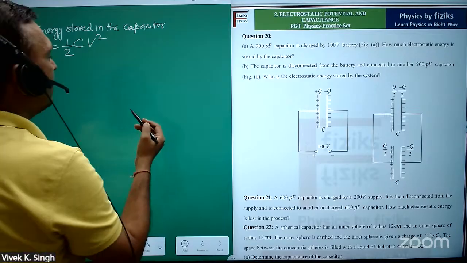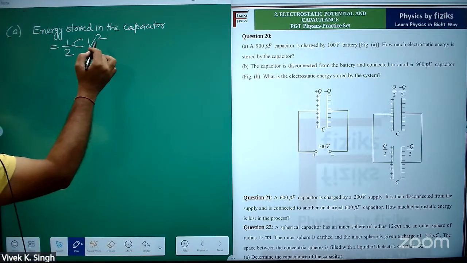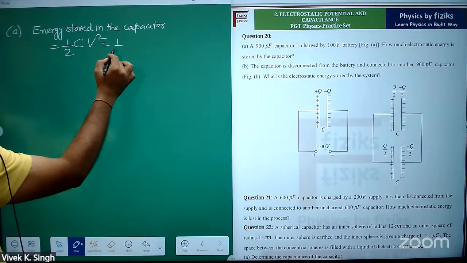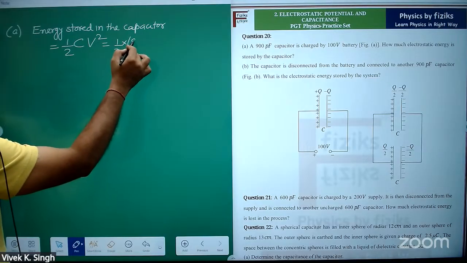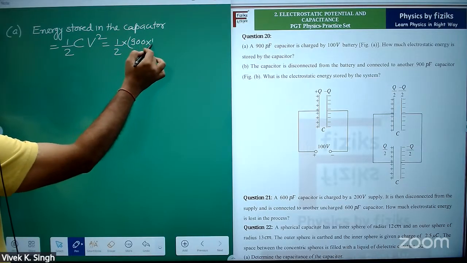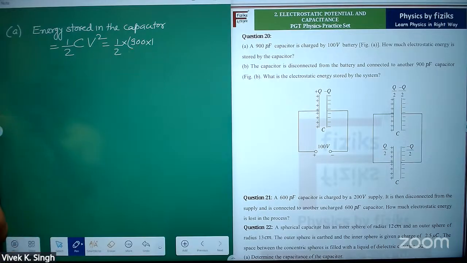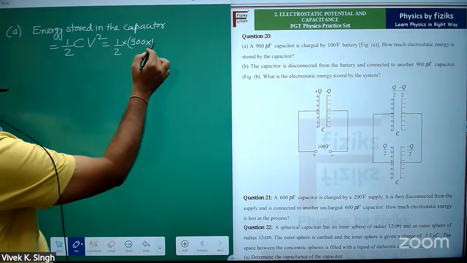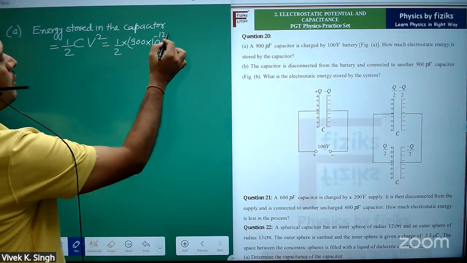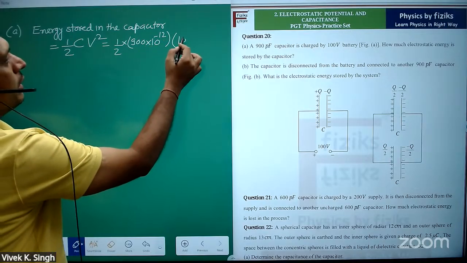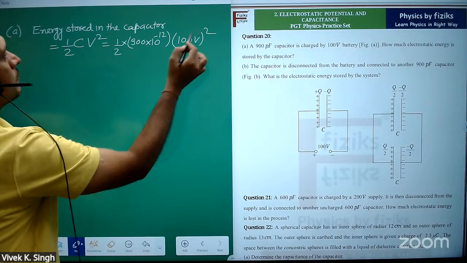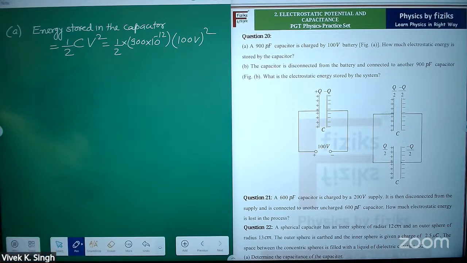C is given 900 picofarad. So half, 900 into 10 to power minus 12, and V is 100 volt, whole square. So this is 10 to power 4.